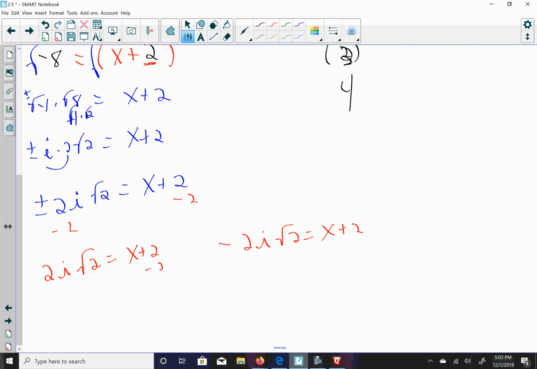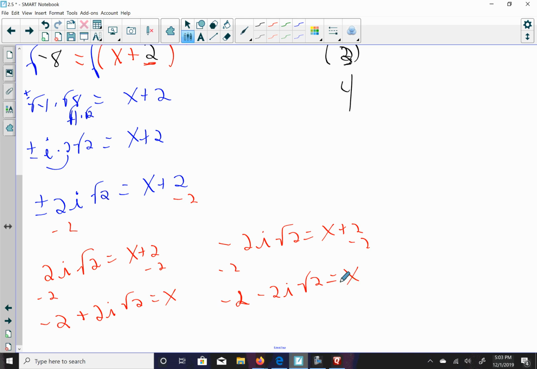Now I subtract 2, keeping my real part in front. I'm going to have negative 2 plus 2i times the square root of 2 is equal to x. And over here, when I subtract 2, I'm going to have negative 2 minus 2i times the square root of 2 is equal to x.